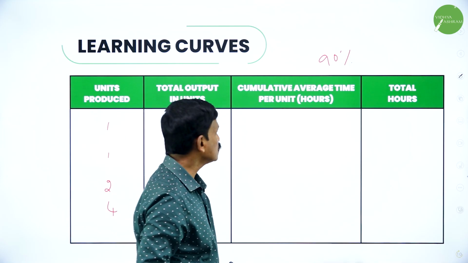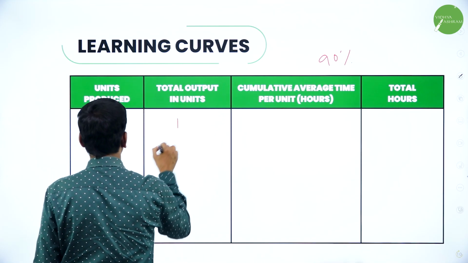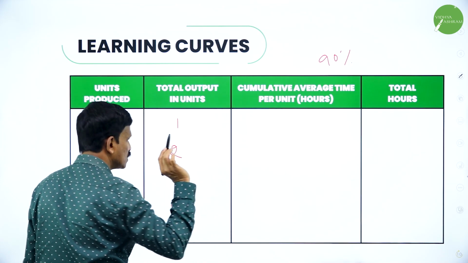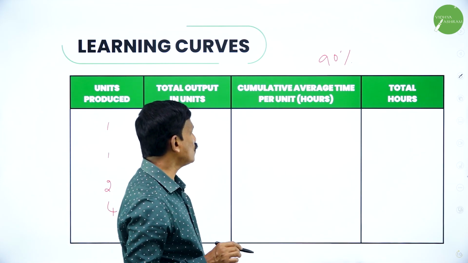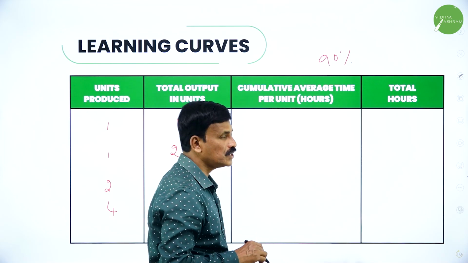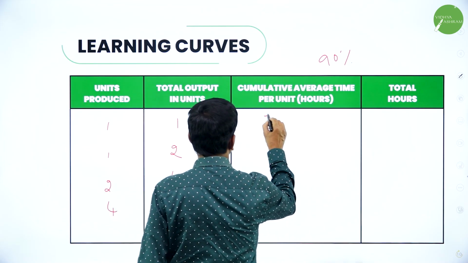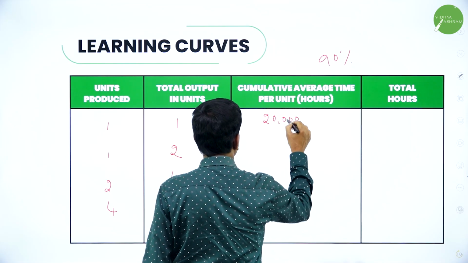Then the total output: 1 into 2 is 2, 2 into 2 is 4, 4 into 2 is 8. Now the cumulative average time per unit, which is given as 20,000.